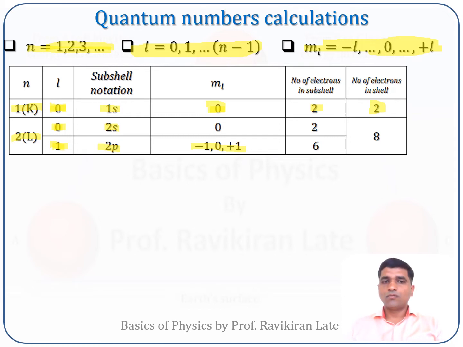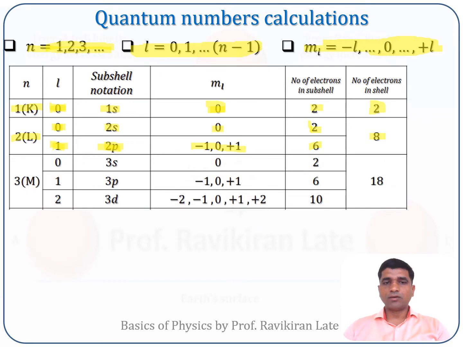This 2p orbital has three suborbitals, 2px, 2py and 2pz. Each orbital can occupy 2 electrons, so 2 electrons in 3 suborbitals makes 6 electrons. The s orbital for l equal to 0 can have 2 electrons. So 2 plus 6, it is totally 8 electrons.